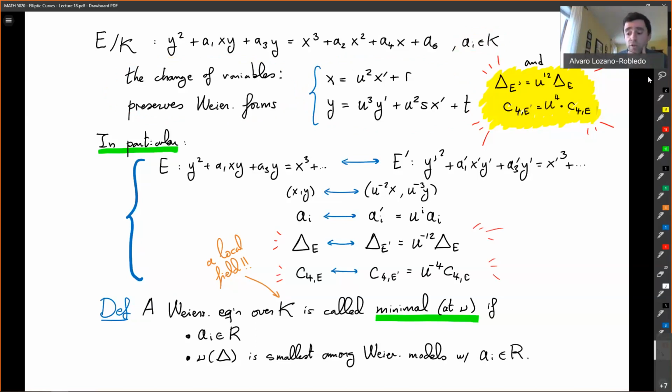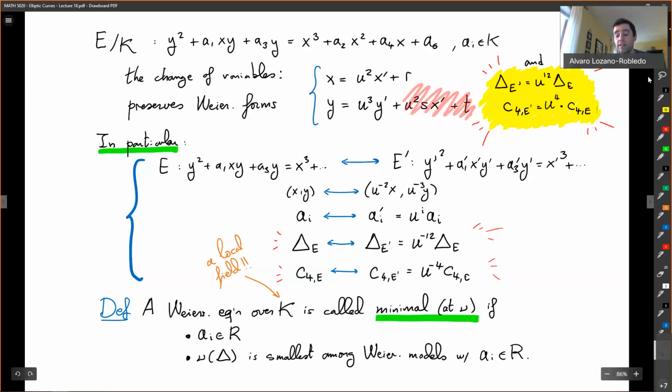So for example, if you have coefficients that are not in R, then there is some power of the uniformizer pi in the denominator, and you want to cancel it out. So you do one simple change like this, just change x and y by those quantities. That's the case where all these would be gone.